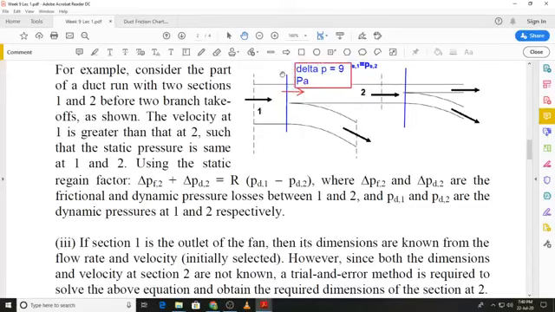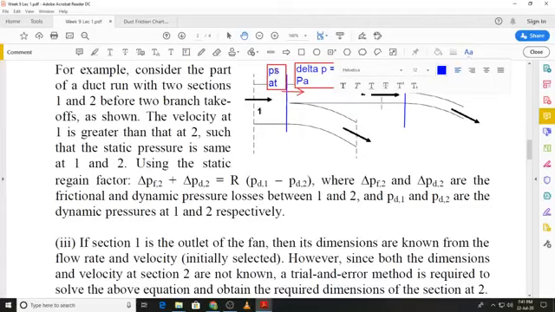We have a static pressure which increases from 50 to, we'll say P static is equal to 59 pascals.